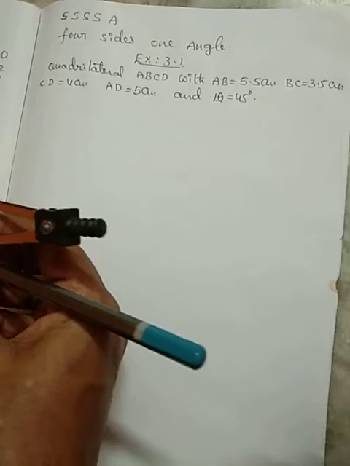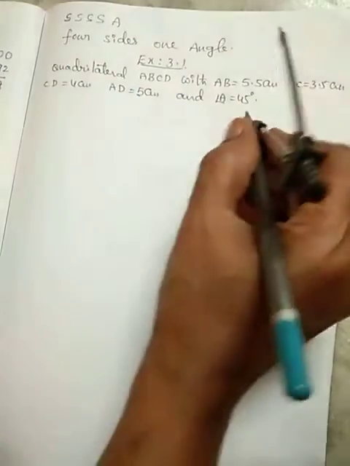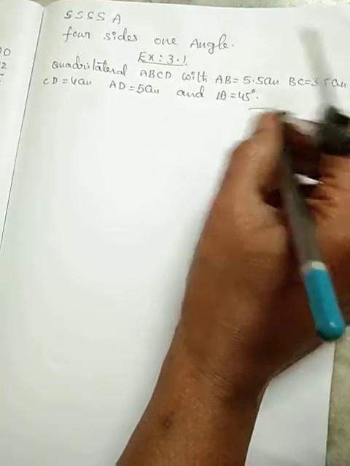The first step is to draw a rough sketch, a rough diagram. Here our quadrilateral is ABCD.